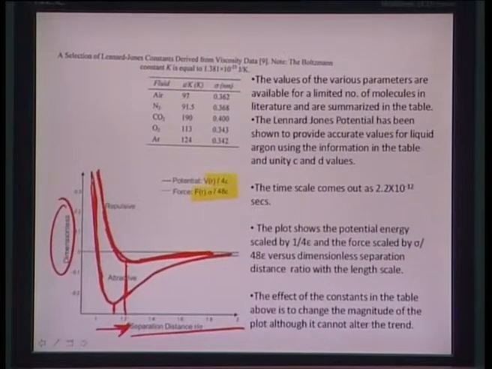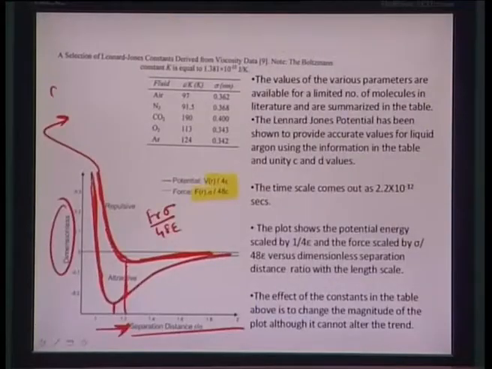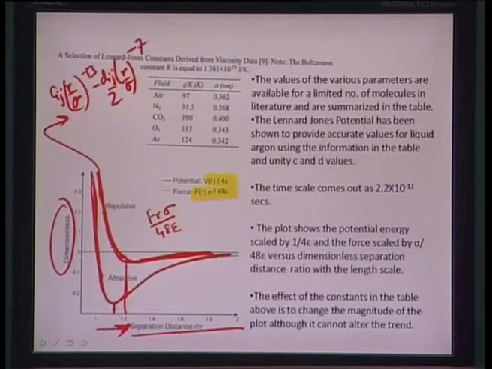If you see the dimensionless quantity in this example, F r sigma by 48 epsilon is continuously going down, which means that if you look at the dimensional quantity, which is, let us say, Cij (r by sigma) to the power of minus 13 minus Dij by 2 (r by sigma) to the power of minus 7, this going down would signify that the second term is starting to dominate. This first term is the pairwise repulsion, and this is the pairwise attraction, the van der Waals attraction.